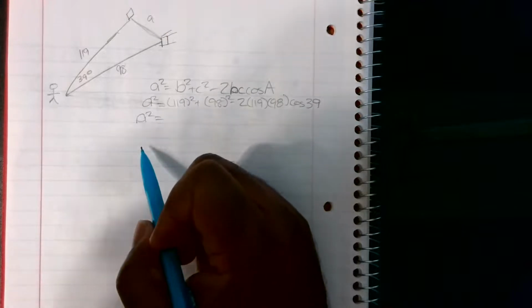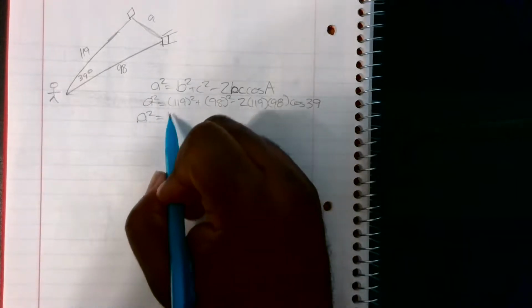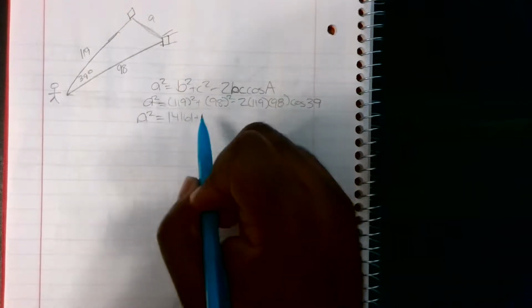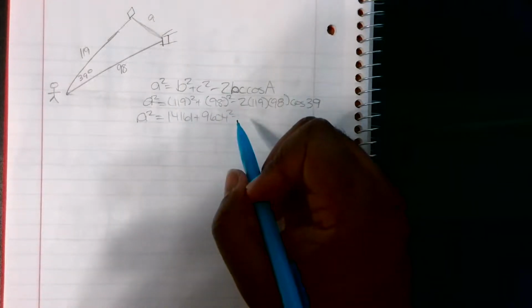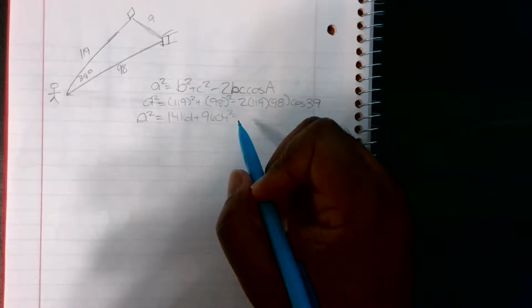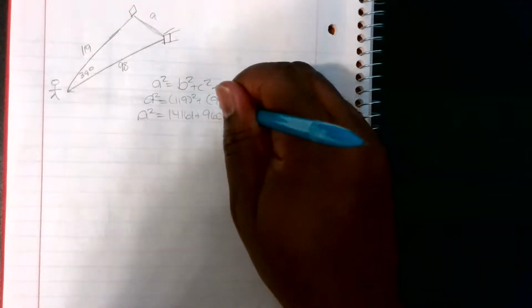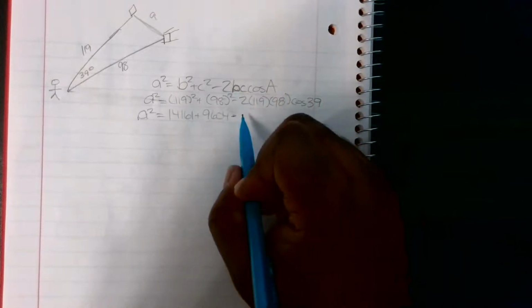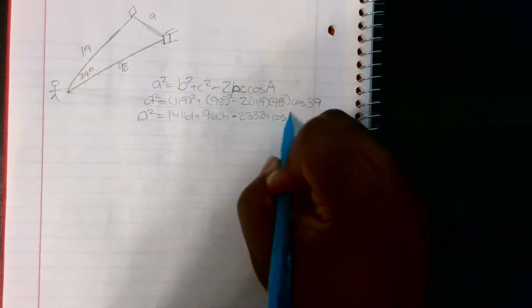A squared is equal to 14,161 plus 9,604 minus 2 times 119 times 98, which is 23,324, cosine of 39.